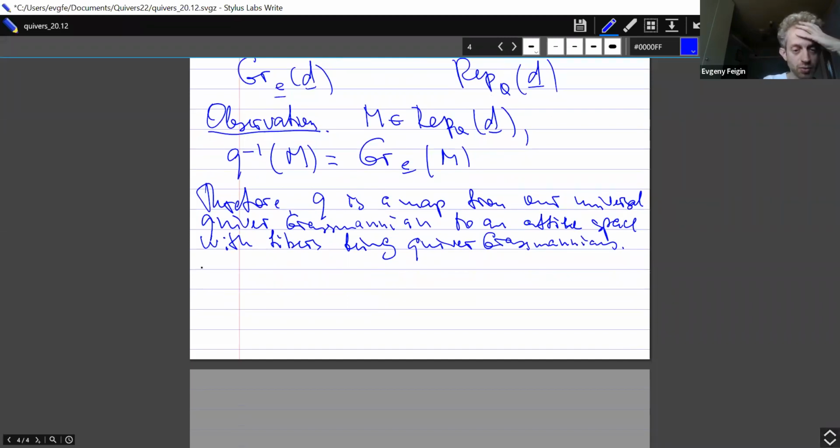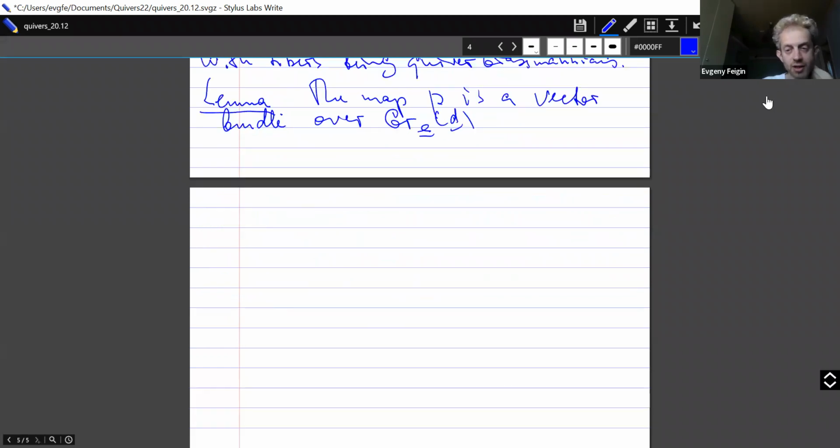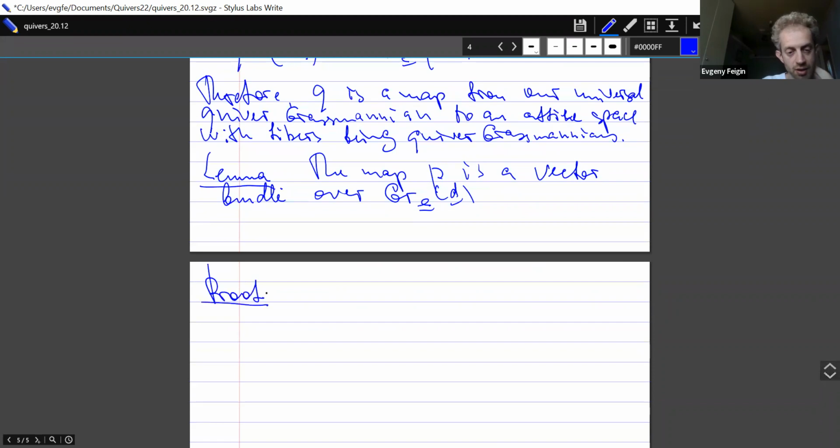And now a bit more delicate question is the description of p. I claim that the map p is a vector bundle over the product of Grassmann varieties. So can you explain why this is a vector bundle, and what is the dimension of the fiber?